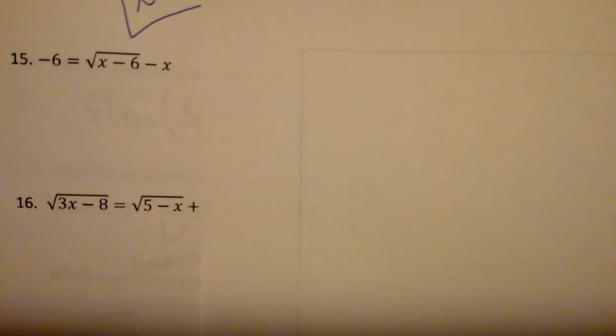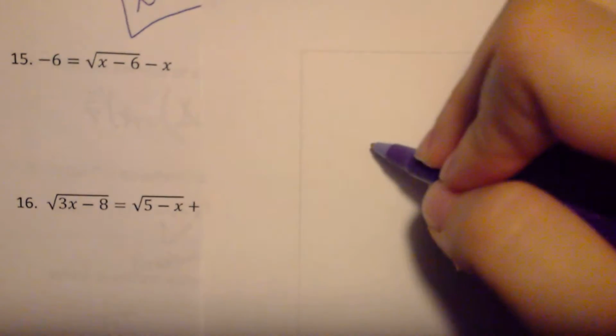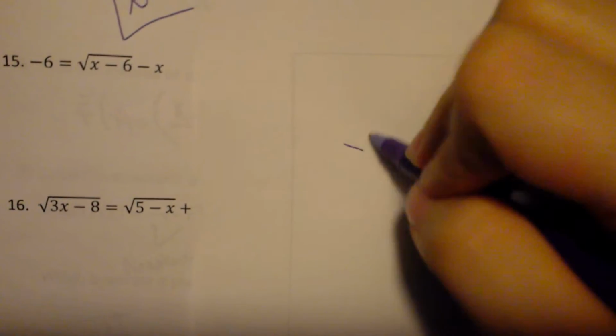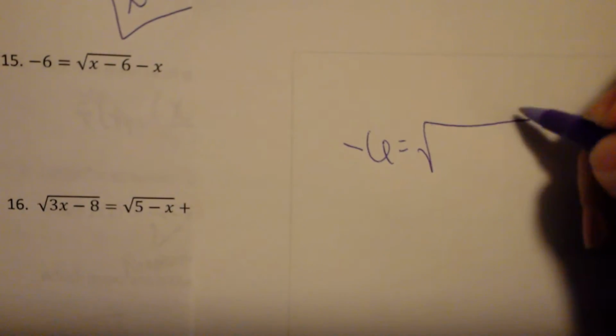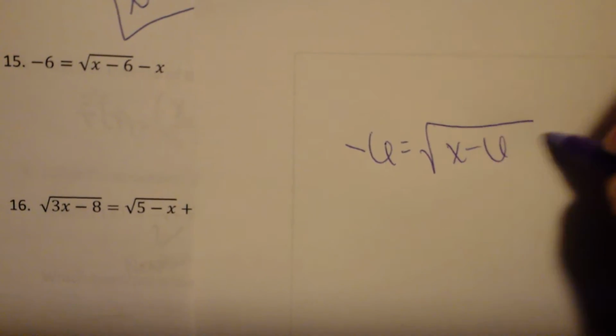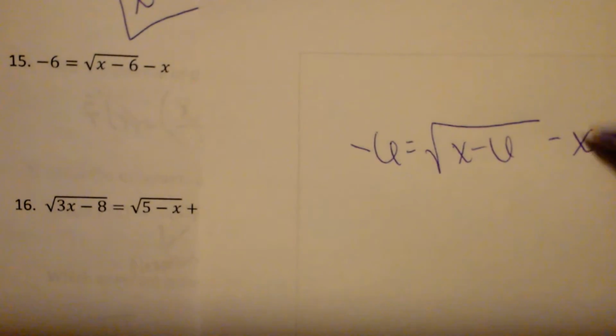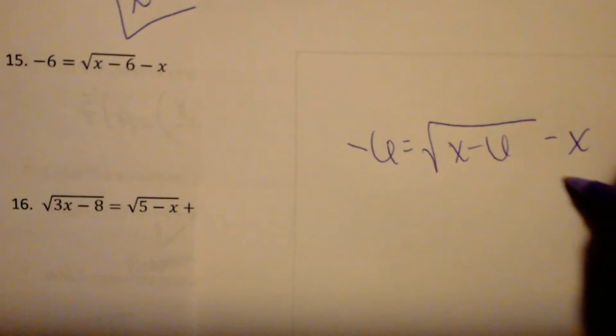So I'm going to do the same thing on 15 and hopefully I don't mess it up this time. On 15, I have negative 6 equals the square root of x minus 6, minus x. So again, I'm going to add x over.